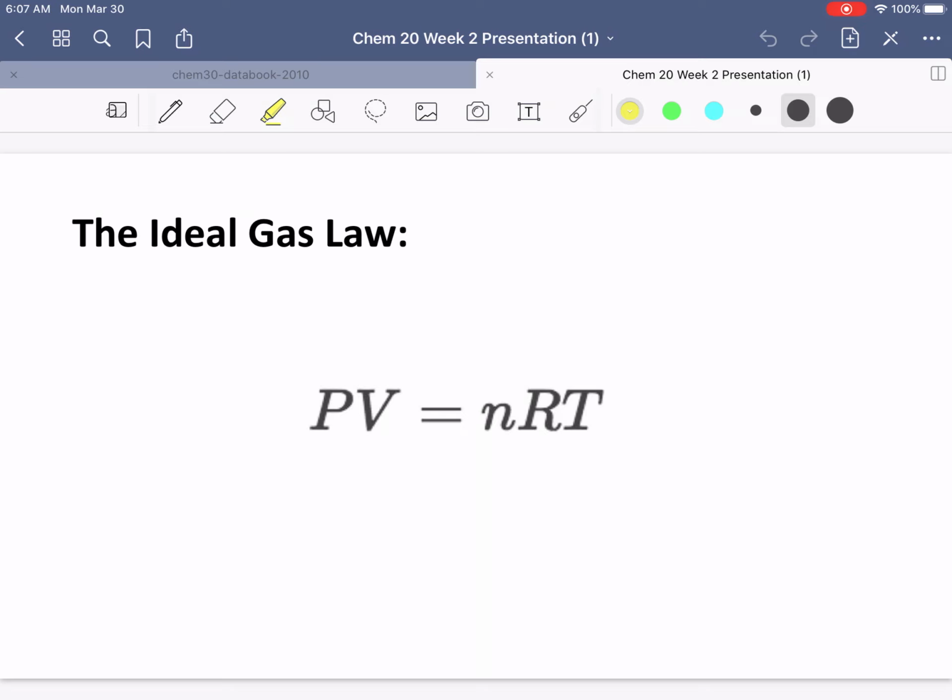We are moving on to one of probably my favorite equations in Chem 20. This is kind of a fun one to manipulate. There's lots of neat stuff going on. This is the ideal gas law. And the reason why it gets this fancy word ideal, we'd go into more if we were in your regular class, but ultimately it's a situation where the equation applies as long as we have ideal gas conditions.